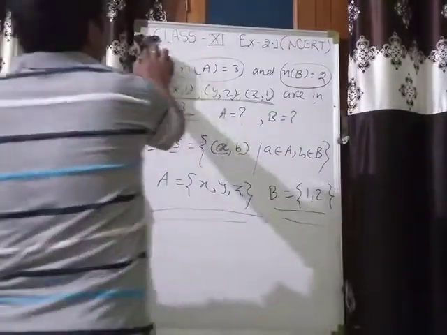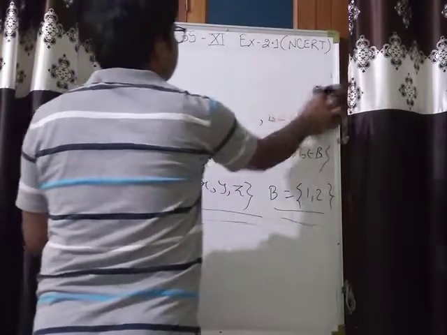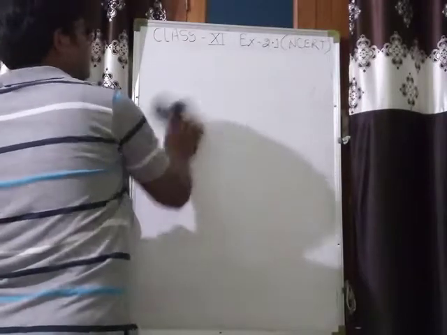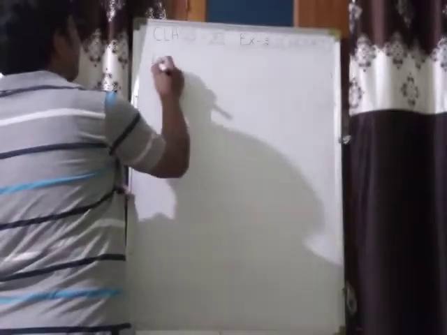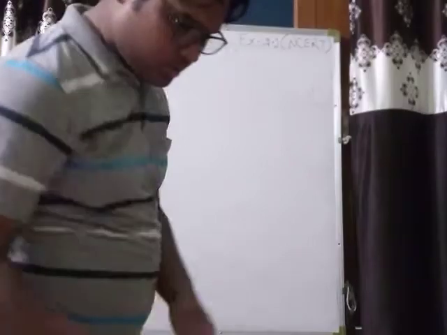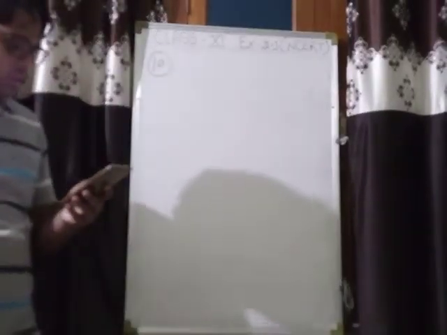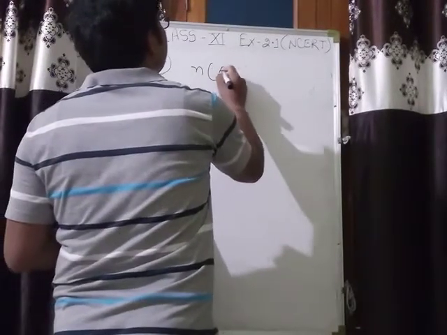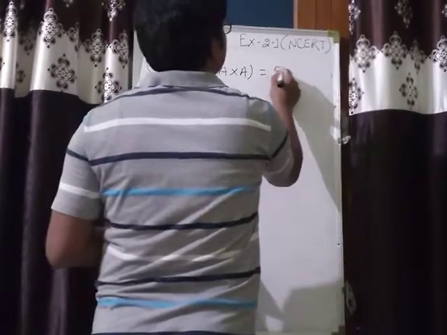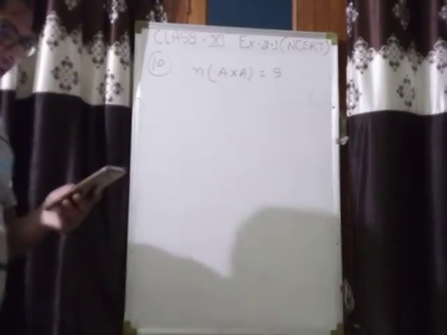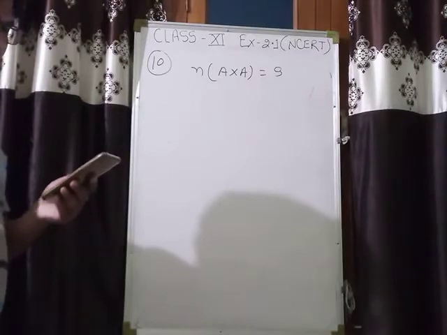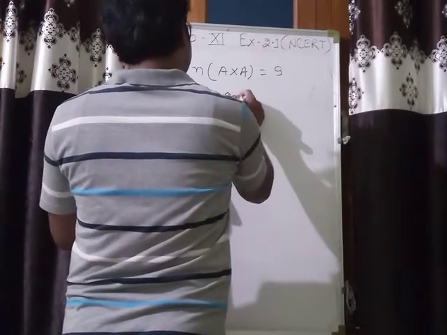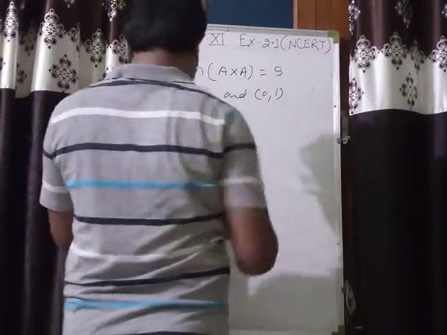Now read question number 10. The Cartesian product A cross A has 9 elements, among which are found (-1, 0) and (0, 1).